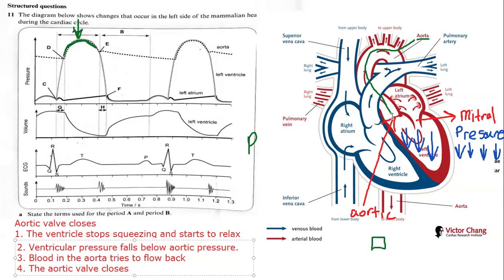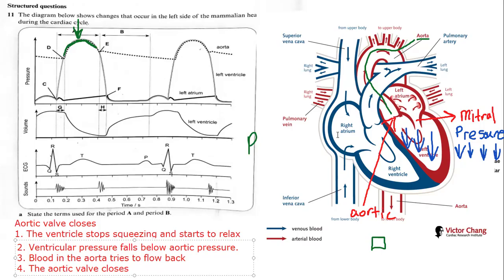Very good. And because the pressure in the left ventricle is lower than the pressure in the aorta, the valve is going to close shut. So now we have the aortic valve closing.